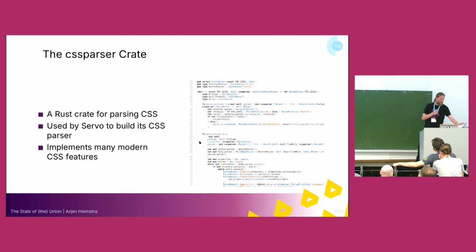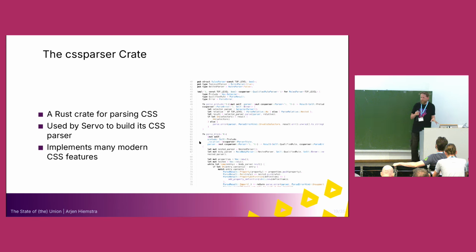Most importantly, for our case, there is one Rust crate called CSS Parser, which ostensibly implements a CSS parser using Rust, or at least that's what the name suggests. It's used by Servo for their CSS parsing.